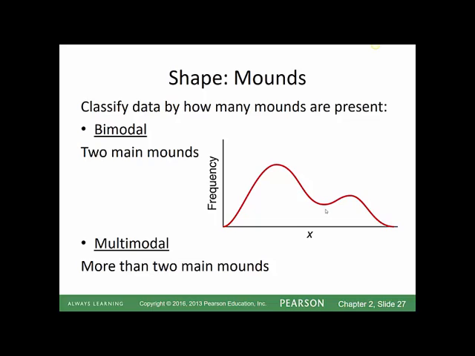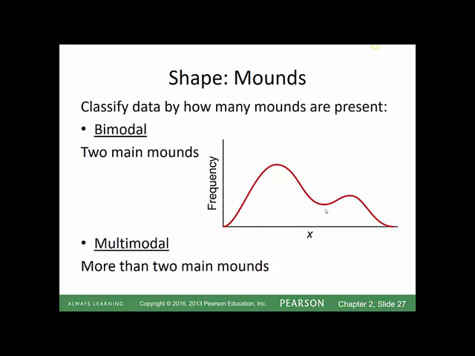And when we have 2 or more mounds, typically what that is an indicator of is that we have more than one group that stands out within our data. So for example, if I were to measure all the heights of the Marian Tech College students, 9 times out of 10, or very likely, we're going to get a bimodal distribution.